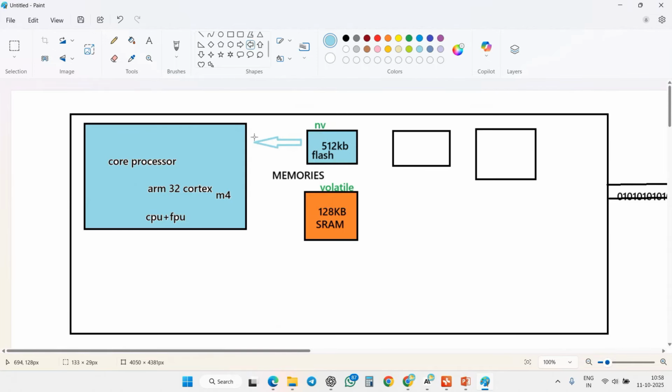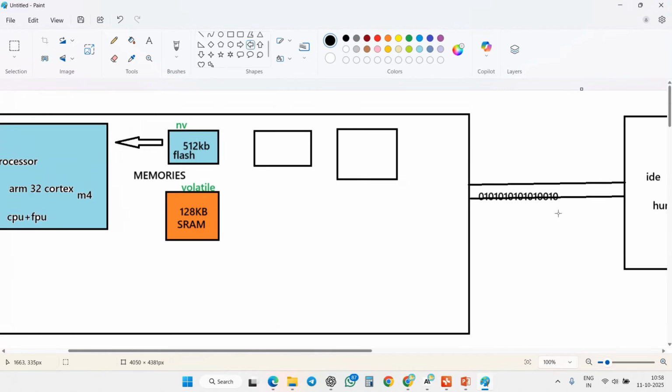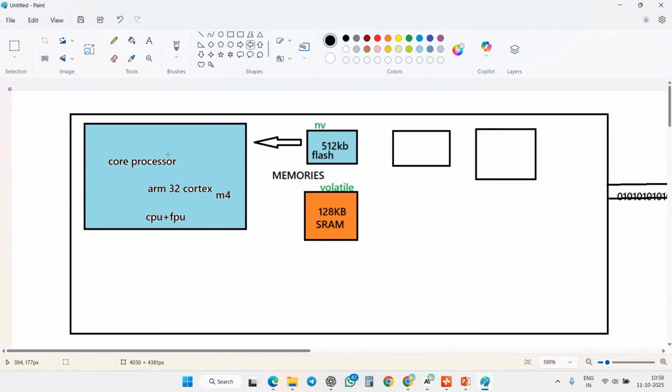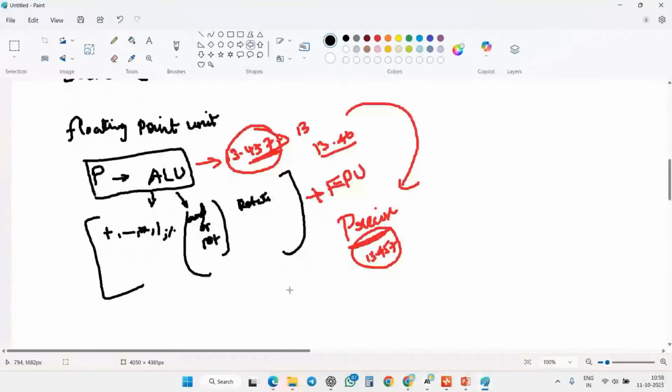In the beginning, all the code is uploaded onto this flash memory, so the processor fetches the data from the flash memory and starts processing. This processor has an FPU along with it, which helps in giving precise values.